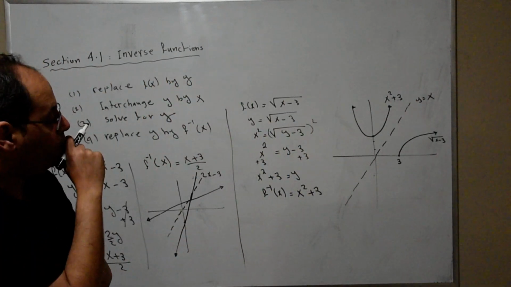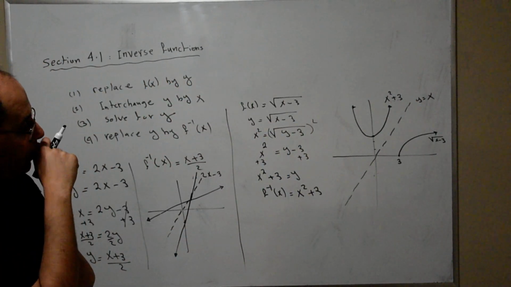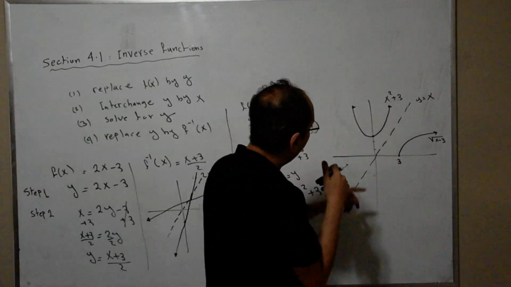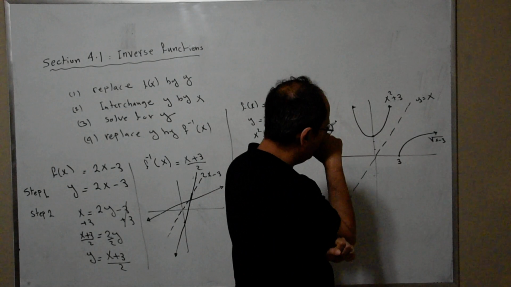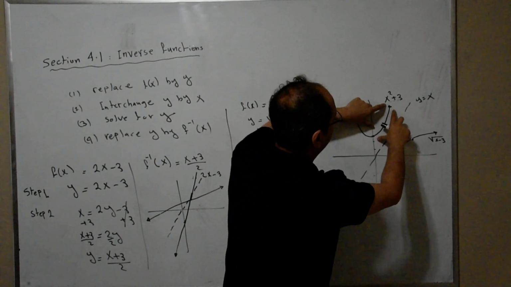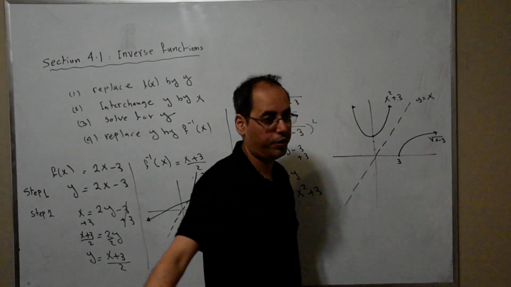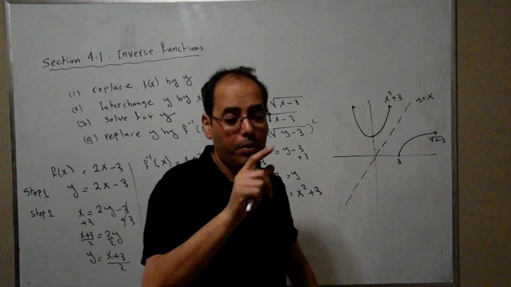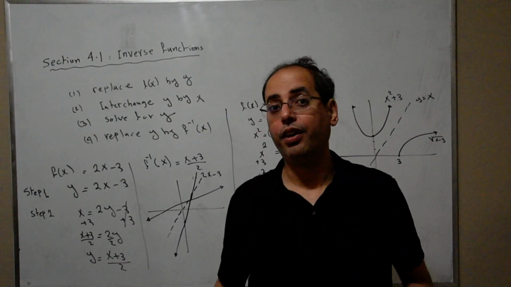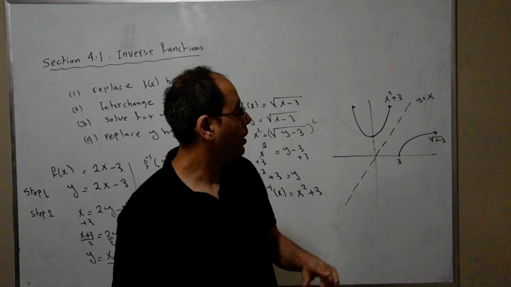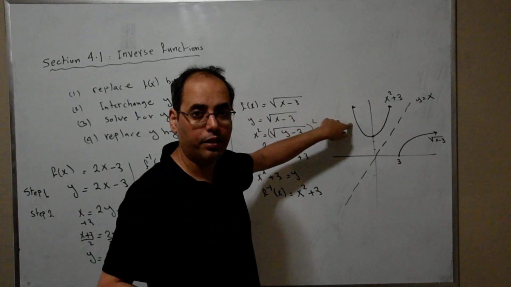Alright, now let's think about that. Is this reflected to that one? No, this part is reflected to that part, but how about this part? Remember, what is the condition of the inverse function? It must be 1 to 1. Is this function 1 to 1?